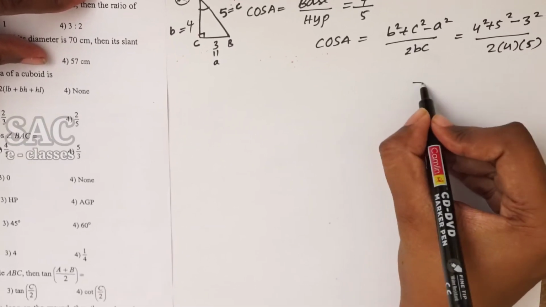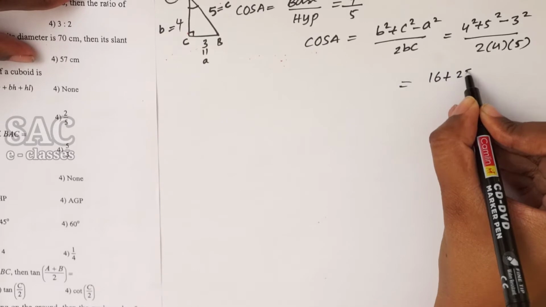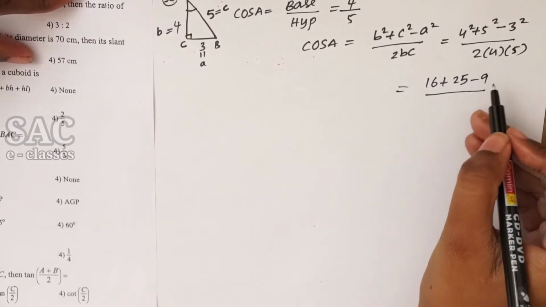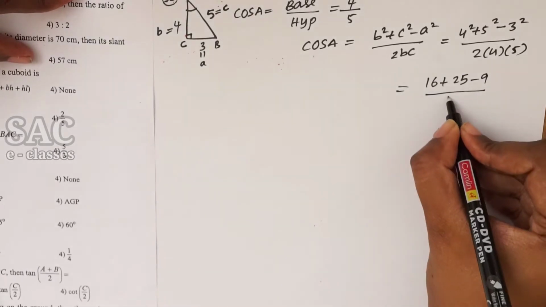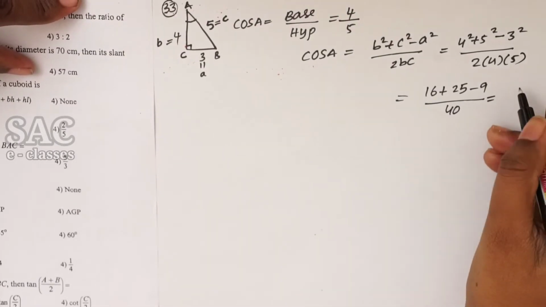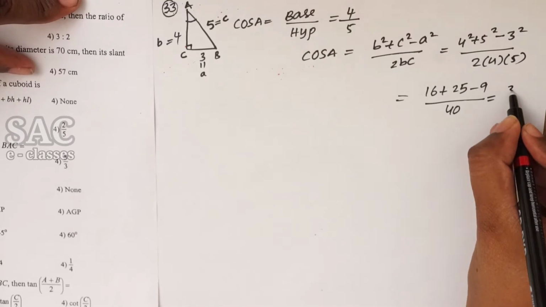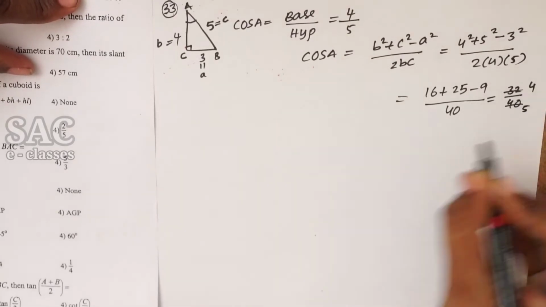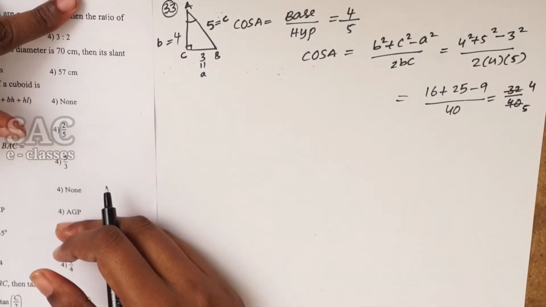Now 16 plus 25 minus 9 by 2 into 4 into 5, which is equal to 32 by 40. Dividing by 8, the table of 4 times and 5 times gives 4 by 5. Like that also we can calculate.